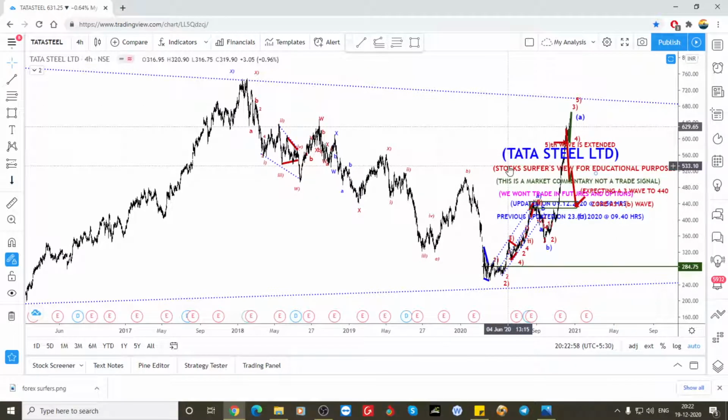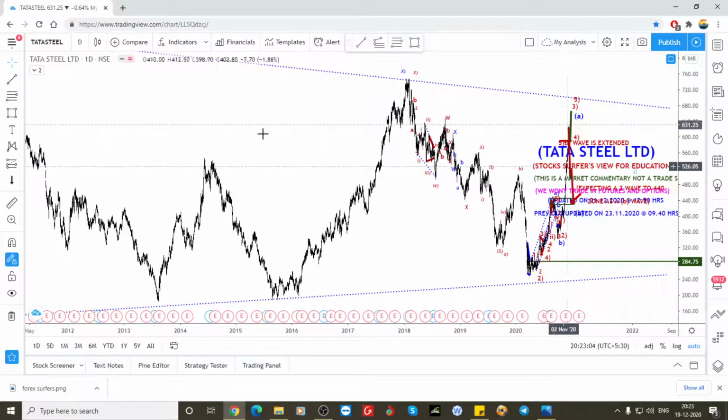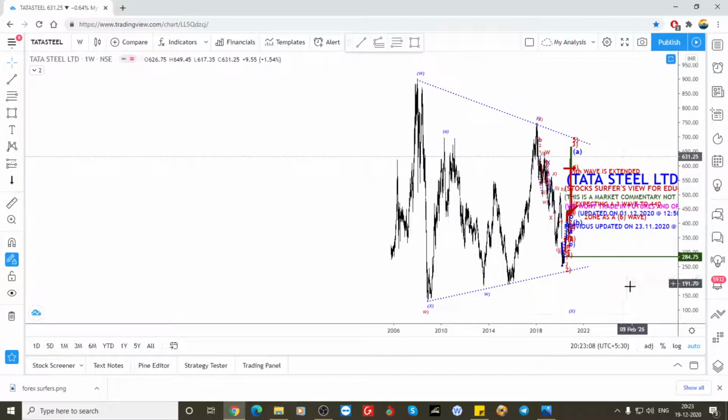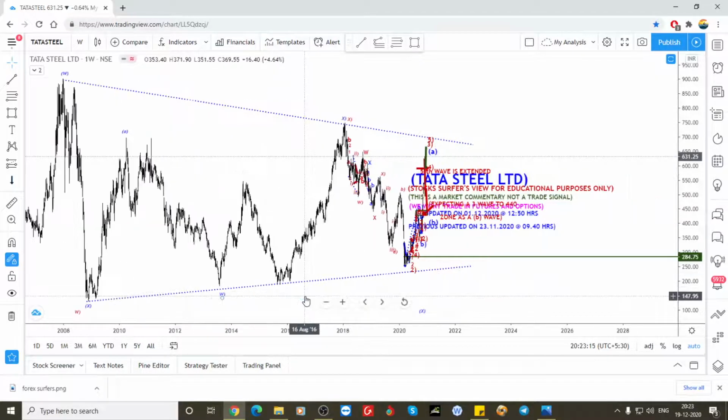So it will continue like this, but here in the daily trend we are in the bigger symmetrical triangle. Here it is already making a WX, so A, B, I think I took this as a WX ABC, so this is A, B, and we are in the C wave.